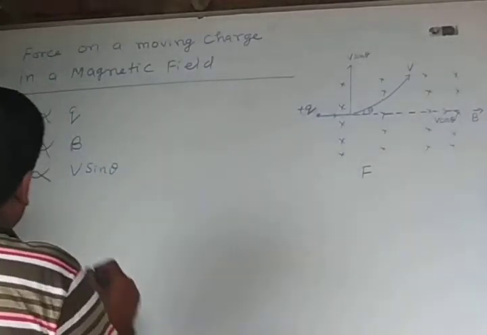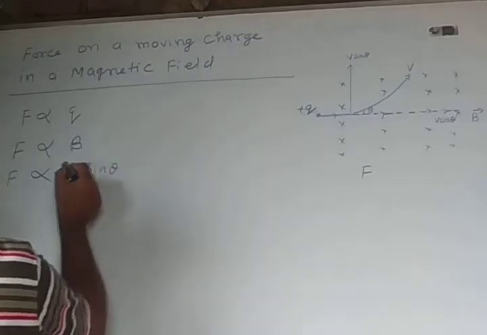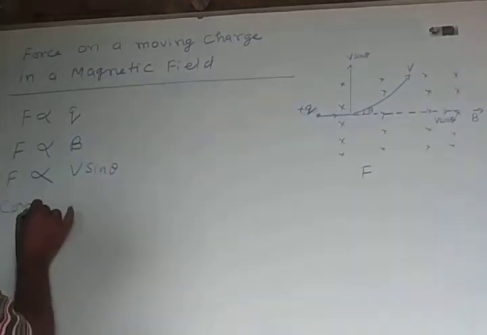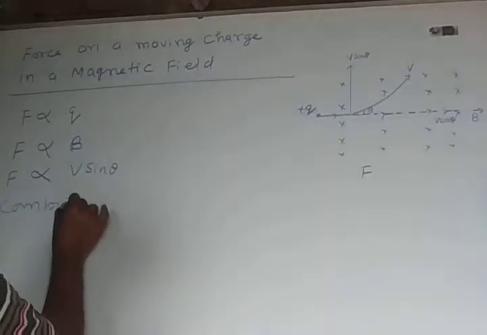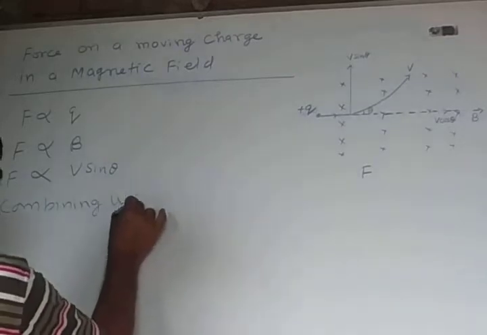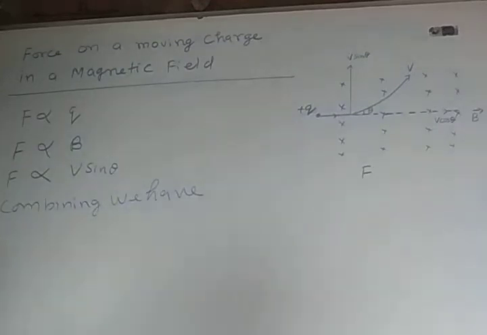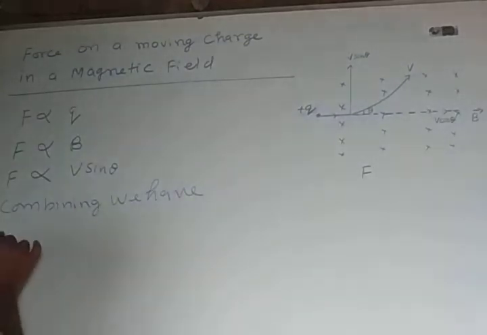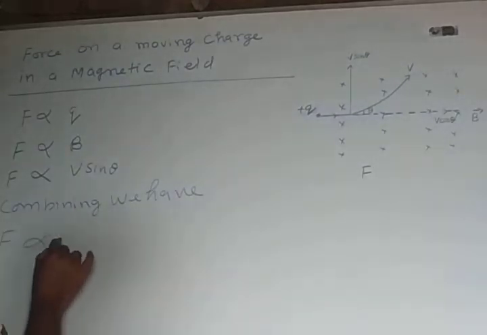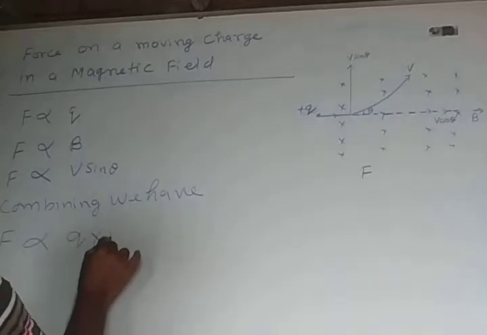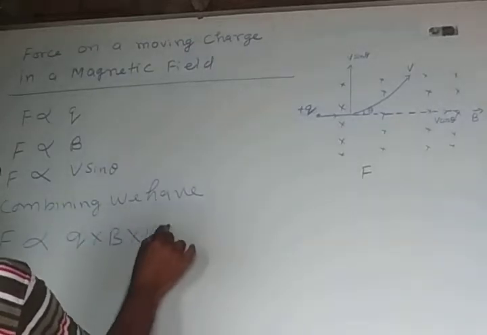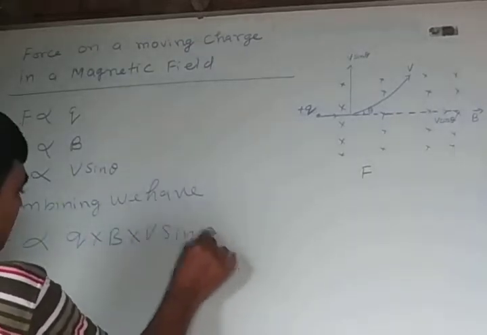Now combining them, we have F varies with Q into B into V sin theta.